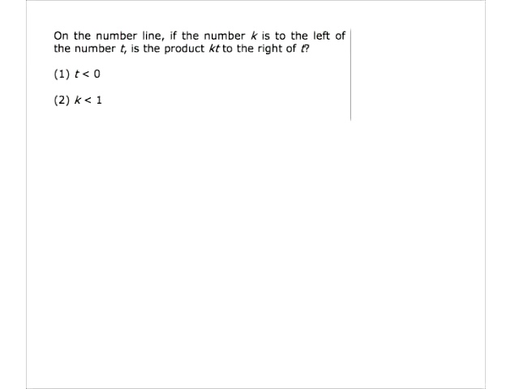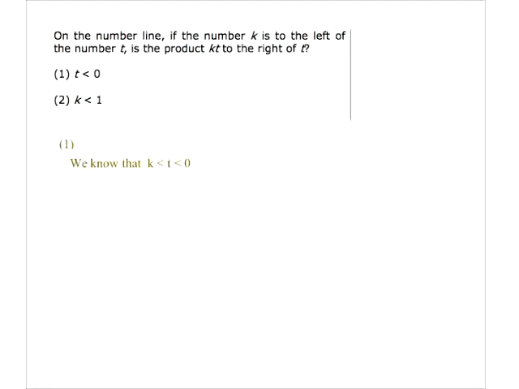If a number k is to the left, these problems are from GMAT prep, by the way, if anybody's wondering. If the number k is to the left of the number t, then is the product kt to the right of t? So statement 1, let's take a quick look. Most of you got it right, so we will do it quickly. Statement 1, we know that k is less than t, but we also know that t is less than 0.